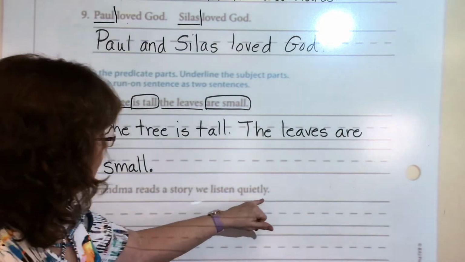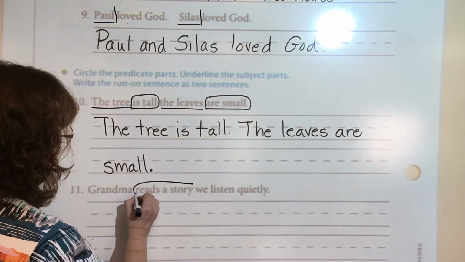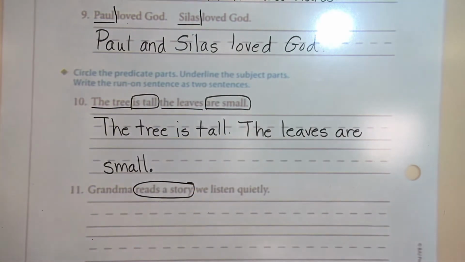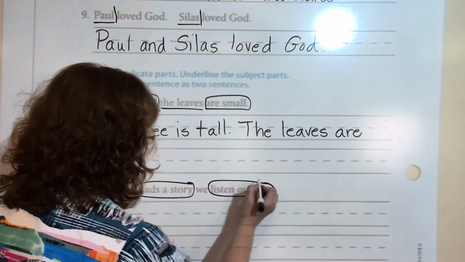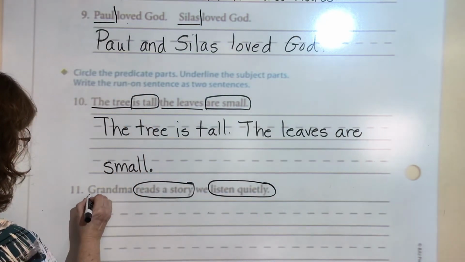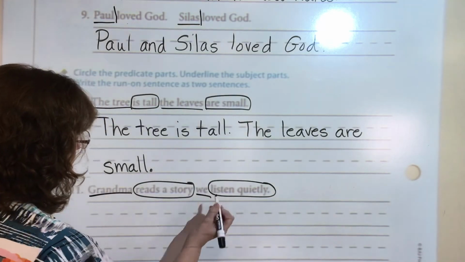Grandma reads a story, we listen quietly. So, reads a story is what Grandma does. What do we do? Listen quietly. Who's the subject, or who reads the story? Grandma. Who listens quietly? We.